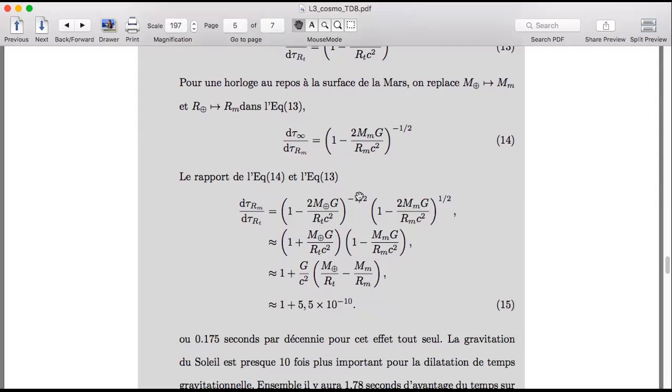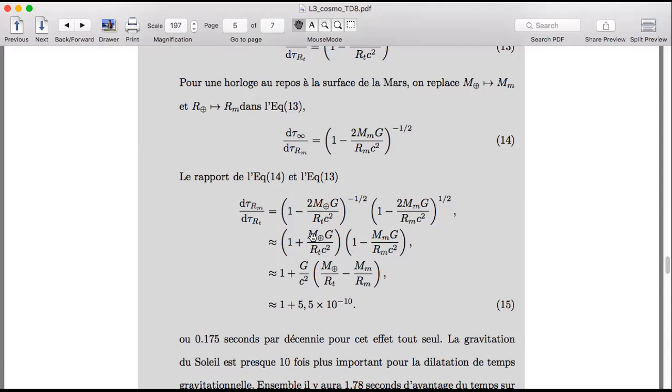So I can just bring this minus 1/2 down here, and it'll get rid of the 2 and change that to a plus. And here I keep the minus sign, but I get rid of the 2, and now I have 1 plus a little number times 1 minus a little number. I'm going to ignore the little number squared, or little number times little number, and just have a 1 plus this one minus that one.